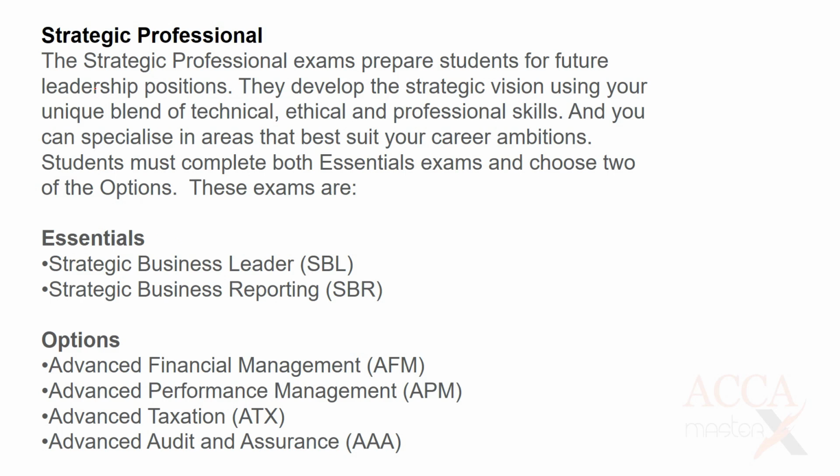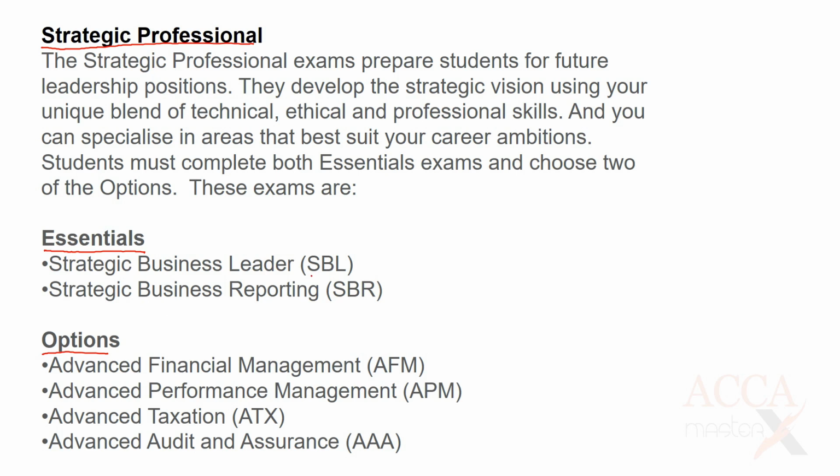And then finally we have strategic professional level, in which we have two parts, for example essential papers and optional papers. In essential papers we have these two papers, for example strategic business leadership or SBL and strategic business reporting or SBR.